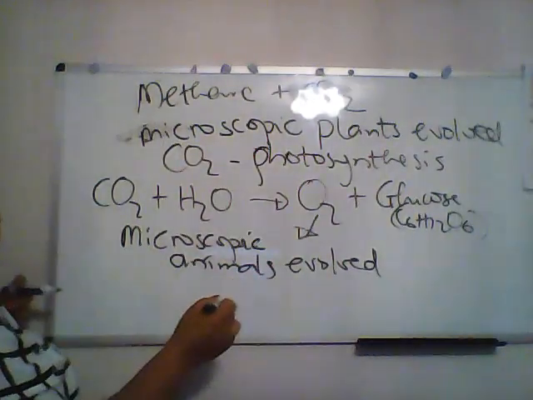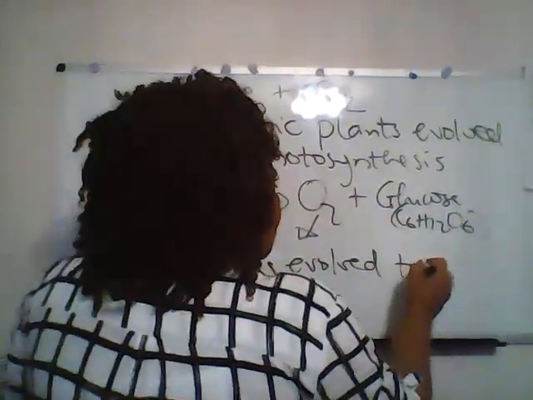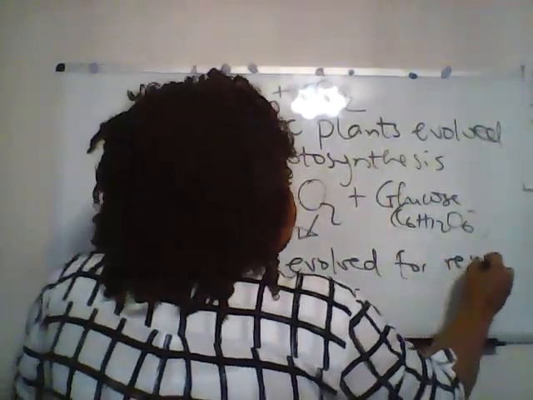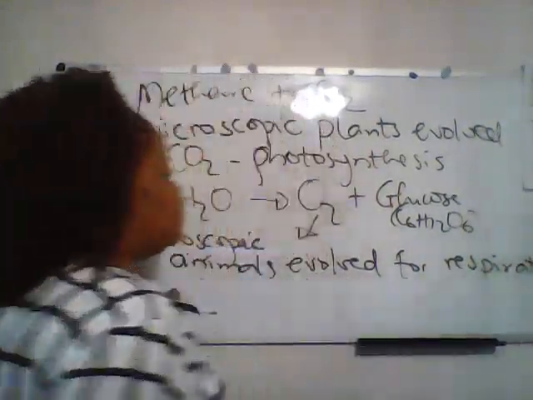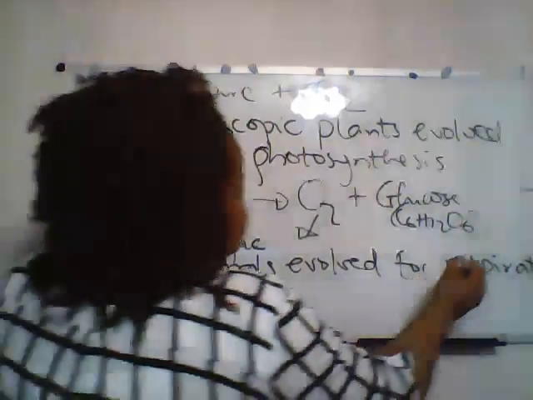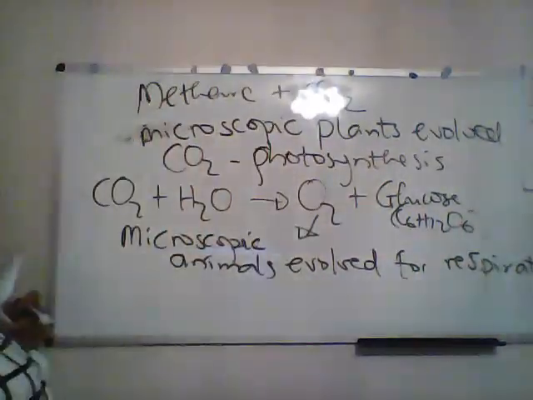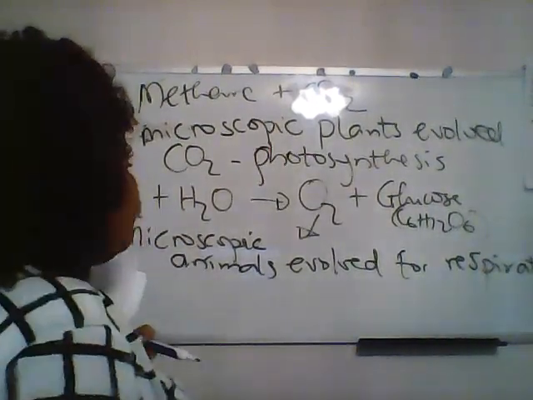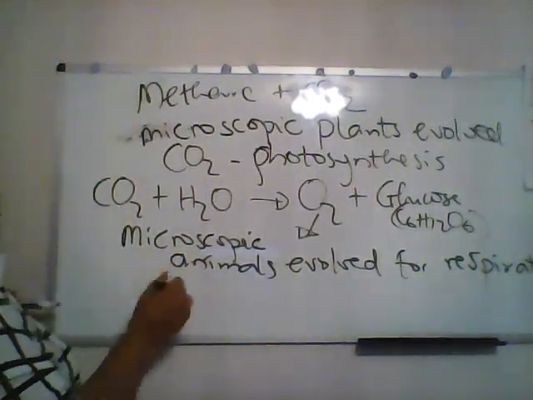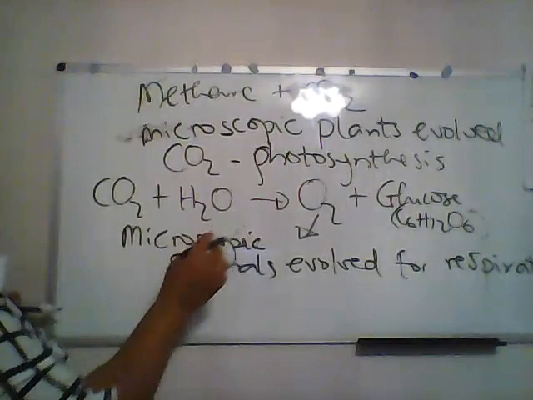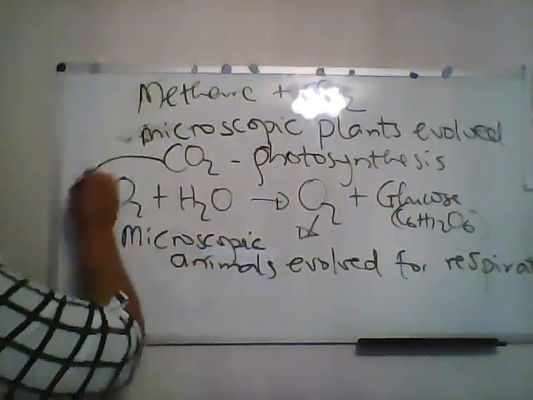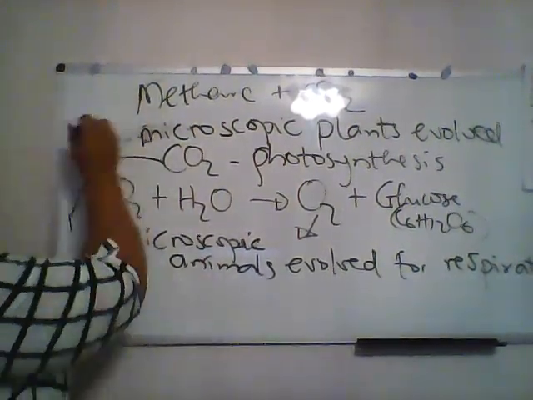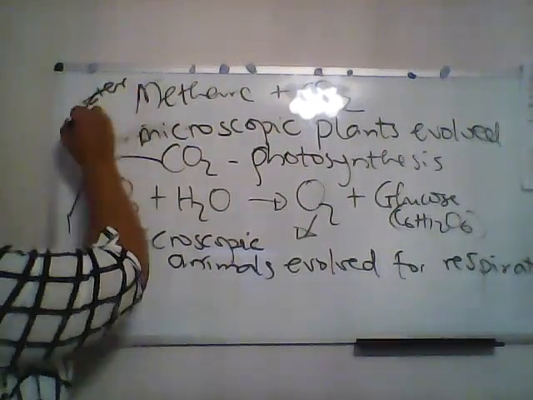They were able to use the oxygen for respiration. All right. Now, as a result of that respiration, the amount of CO2 began to reduce. Another thing about the CO2 is that, remember, there was also water vapor.